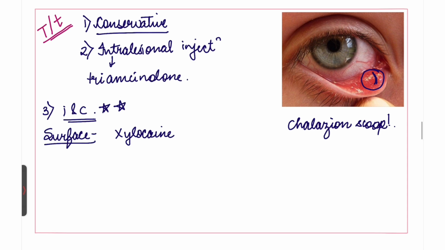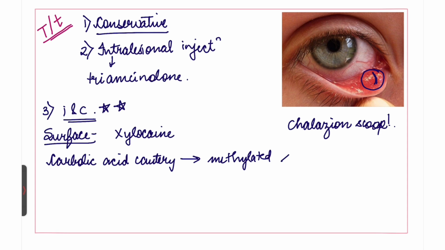After this, to avoid recurrence, carbolic acid cautery followed by neutralization with methylated spirit is done. Then we do patching of the eye after instilling eye drops for about 6 to 12 hours.